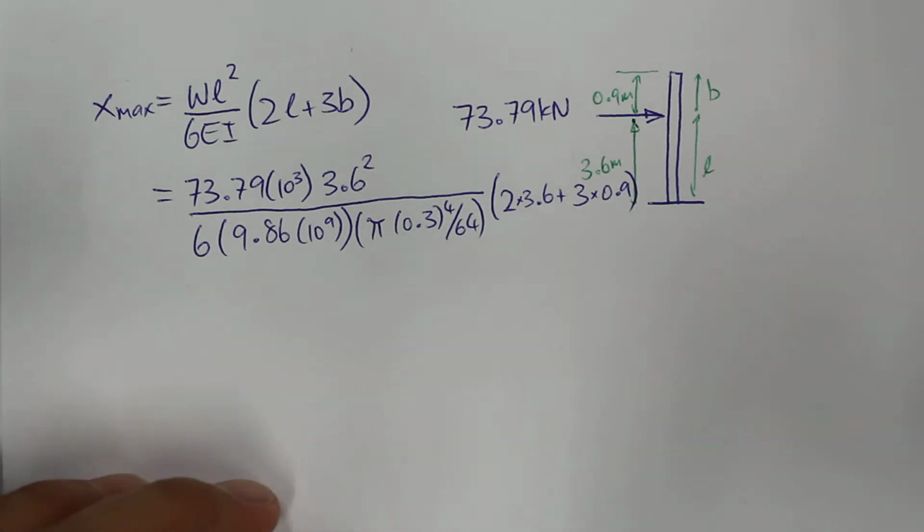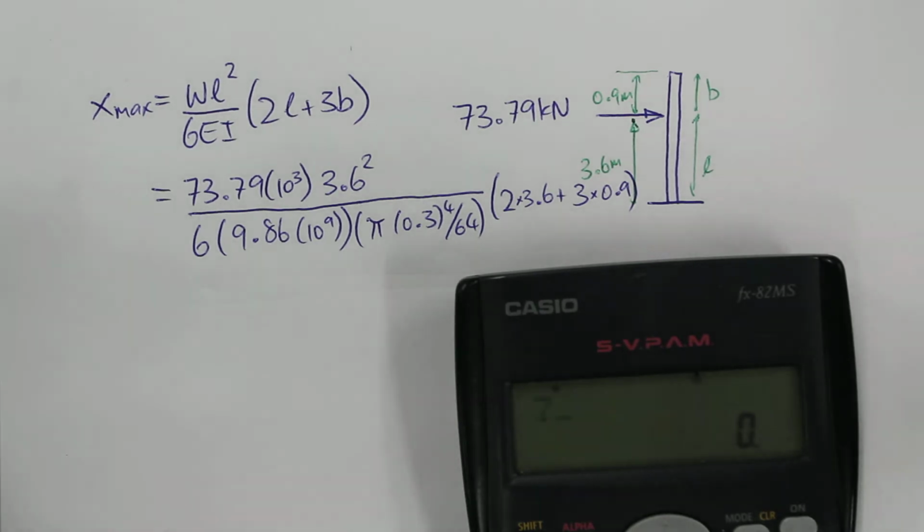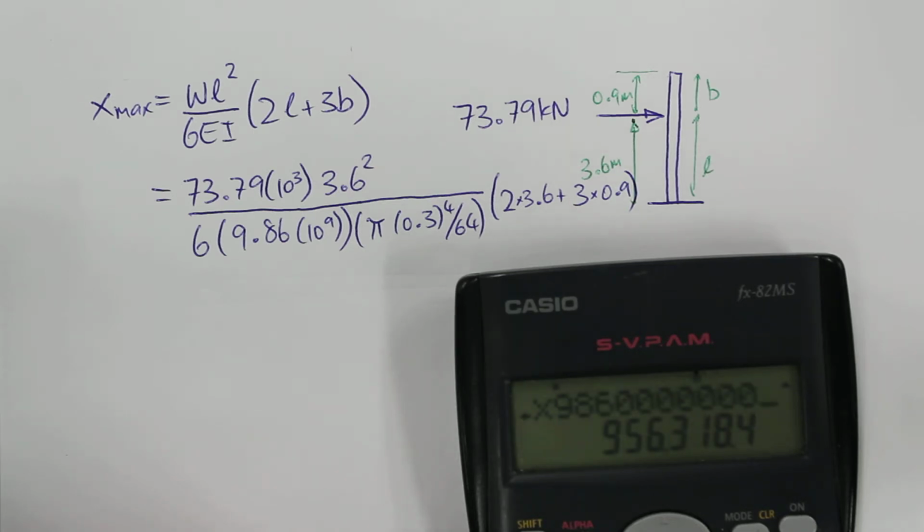Okay, so we just plug this all into a calculator. Divided by 6 times 9.86 times 10 to the 9, times pi times 0.3 to the 4, divided by 64.